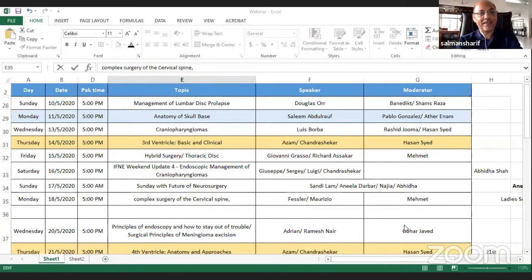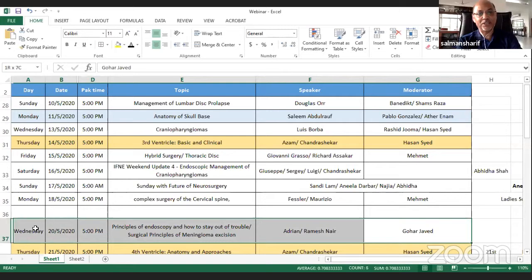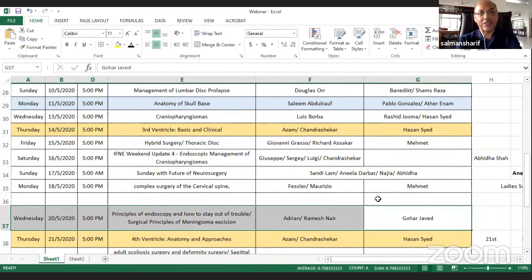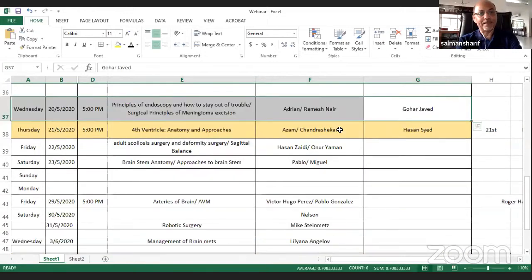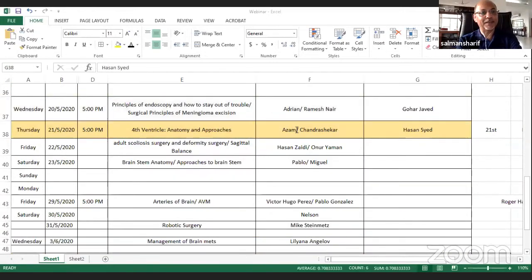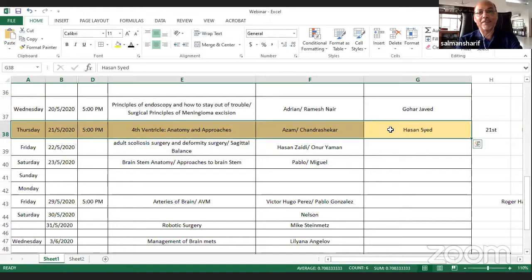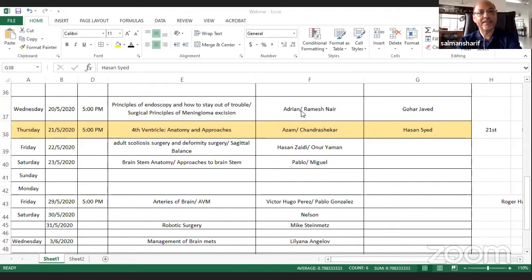On Wednesday, we have Adrian and Ramesh. They're going to be talking about meningioma excision, endoscopy principles, and how to stay out of trouble. Thursday, we have, where did it go? So we have yourself. So anatomy, we're going to be doing the fourth ventricle. So the fourth session of this first module on anatomy of ventricles, we're going to finish on Thursday.